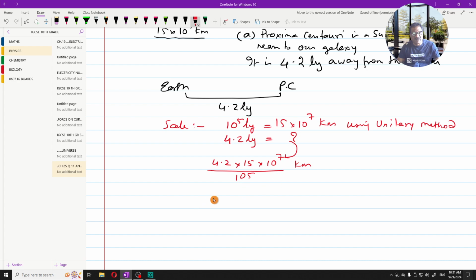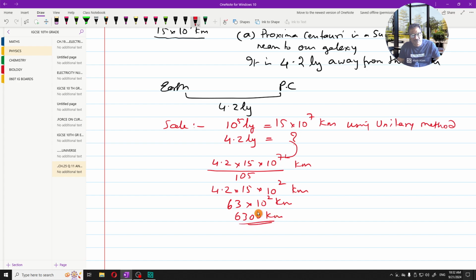Now if you work this out, 10 raised to 7 divided by 10 raised to 5 will be 10 raised to 2 kilometer. Then 4.2 into 15, let me check my calculator, is working out to 63. So this happens to be 63 into 10 raised to 2 kilometer, which is nothing but 6300 kilometer.